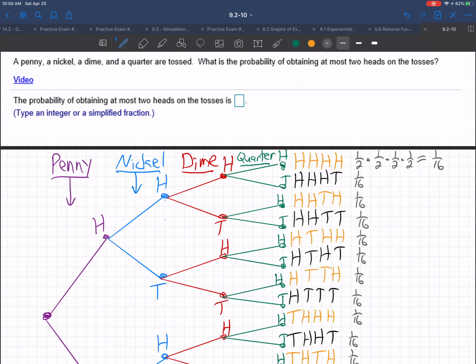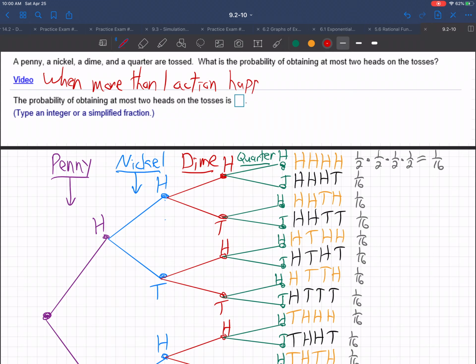Let me explain why we make a tree. How do you know when you read a word problem that you're supposed to make a tree? Well, when there is more than one action happening.